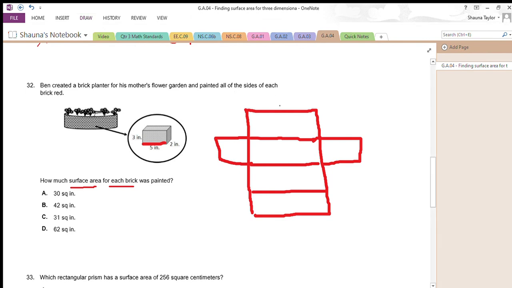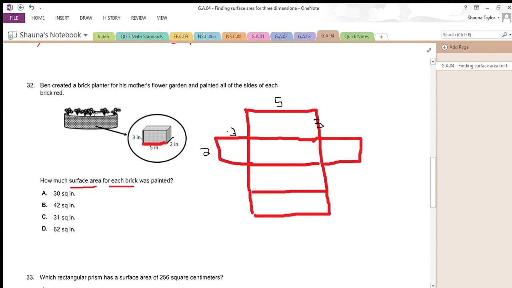That's my length. I know that's going to be a 5. Now, if you look going up, that's a 3. So this part is going to be a 3. And then this sideways is a 2 and a 3. So this will be a 2 and this will be a 3.